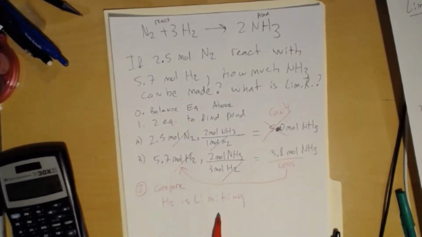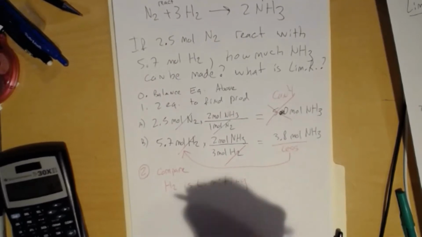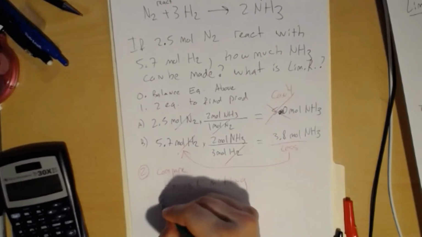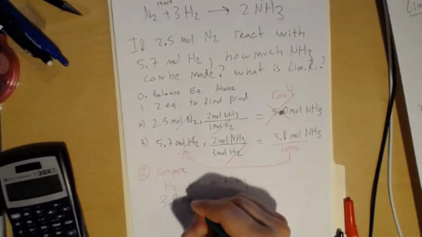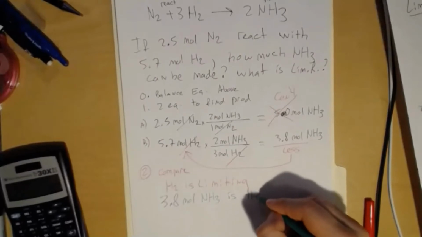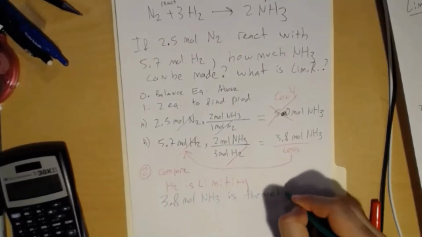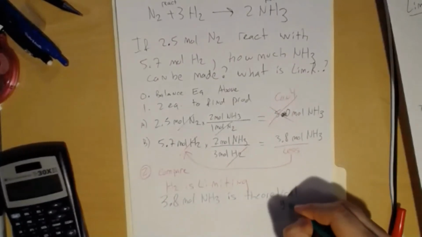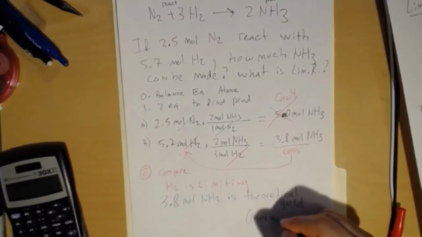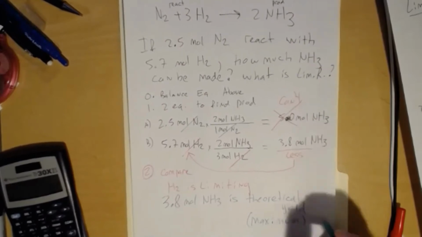So hydrogen's limiting. The other thing we can say is 3.8 moles of ammonia is the theoretical yield. That's the maximum that we could make. Yeah?